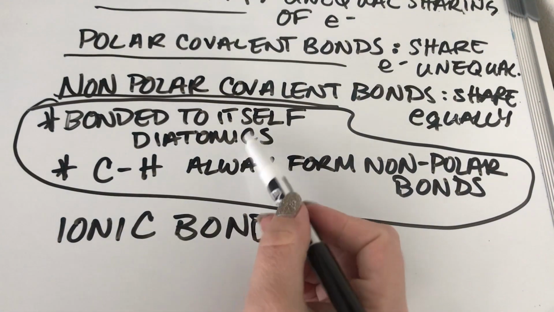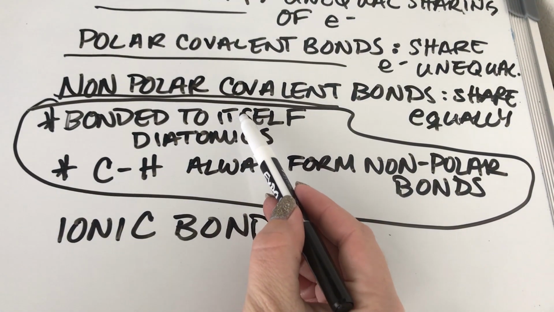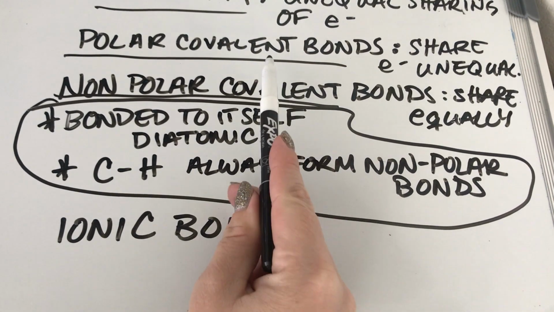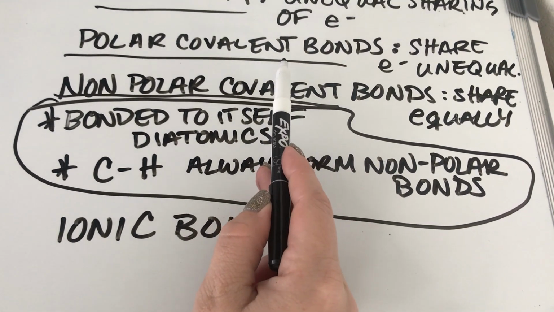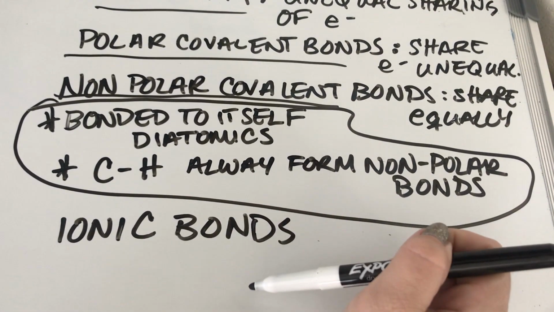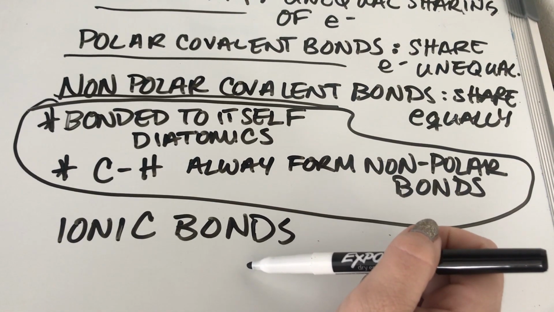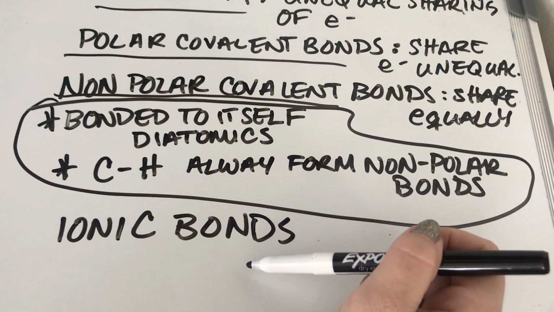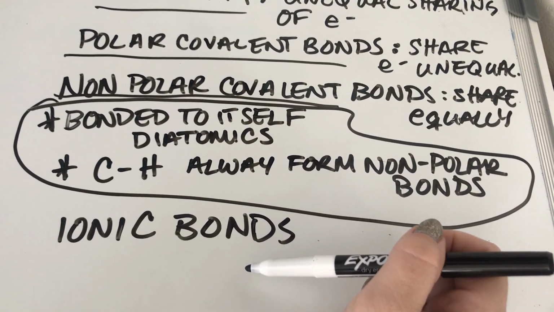Where nonpolar covalent would be the nicest, most equitable sharing, right? Polar covalent would be somewhat less equitable sharing, so that you end up with these kind of partial charges. And ionic bonding, which ends up having a complete exchange of electrons, right? So basically, you're not sharing, you're taking from another atom.